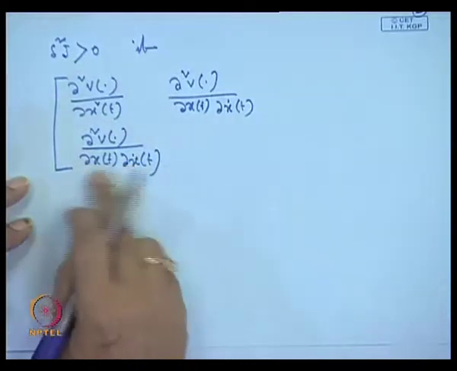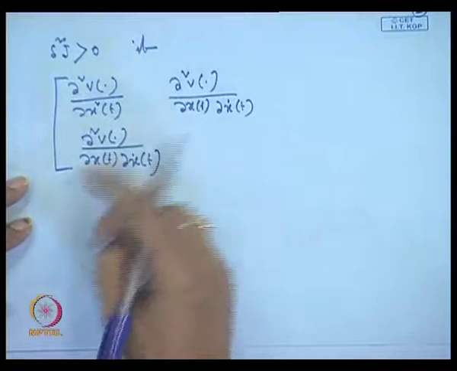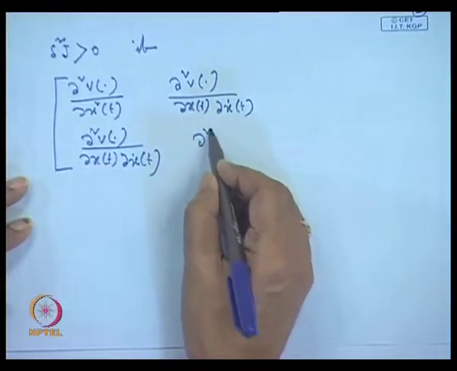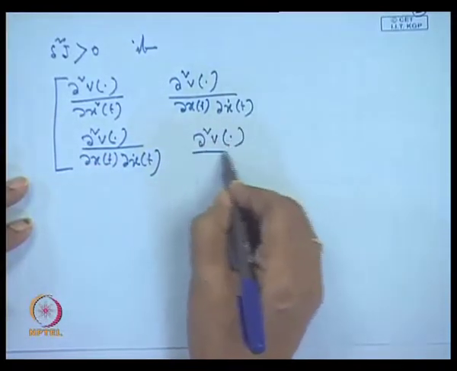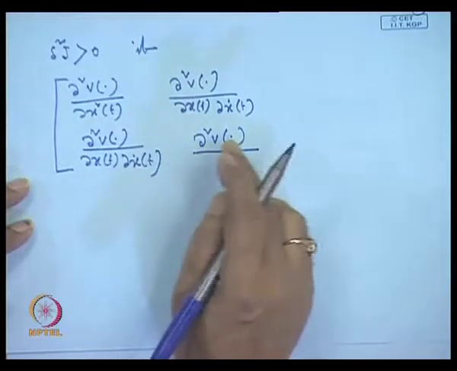This order may be changed, delta x dot and delta x, this value will be the same, so it does not matter. We have discussed this in detail while discussing static optimization problems.